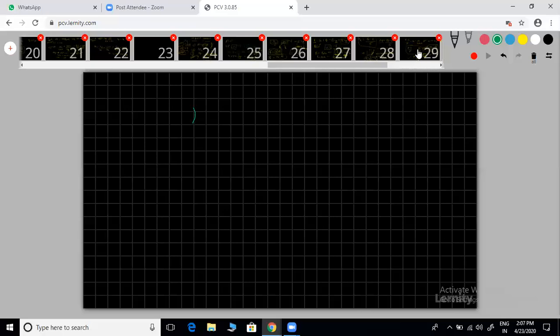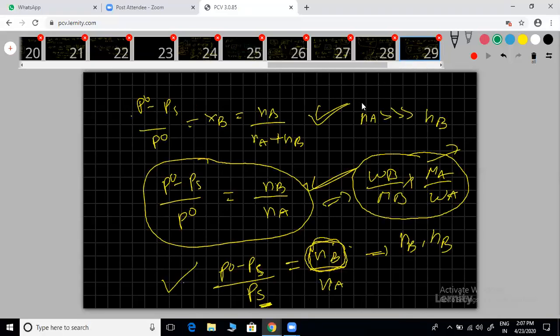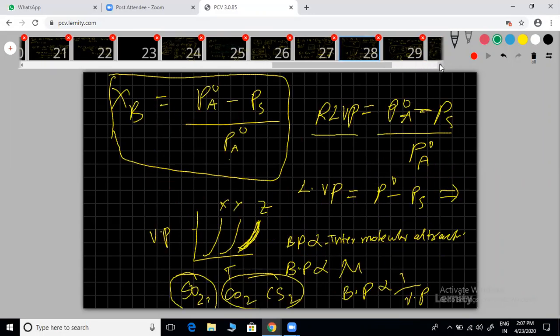You can ask if you have any doubts here. I think you noted that boiling point is directly proportional to intermolecular forces of attraction, and that is nothing but dipole moment. I think all these points you noted down, we are expecting.